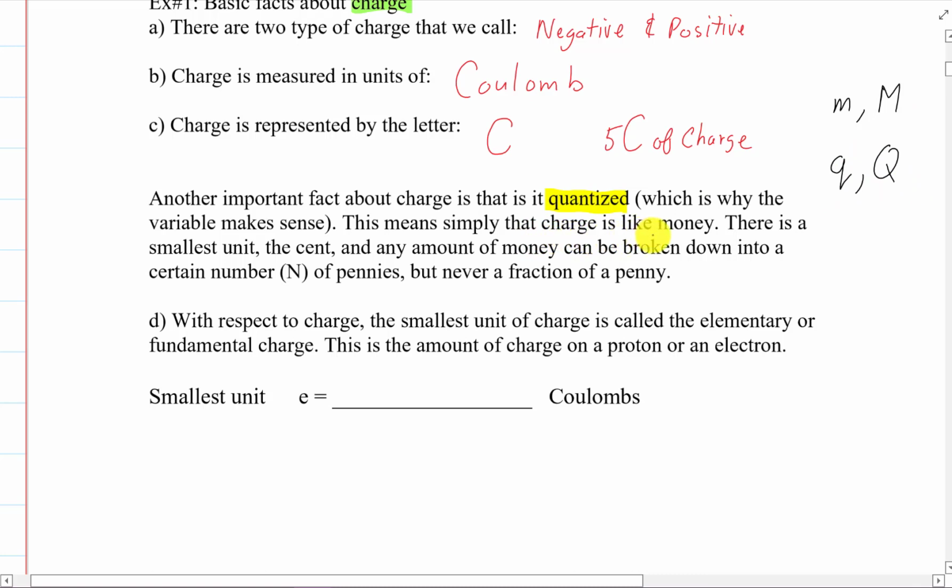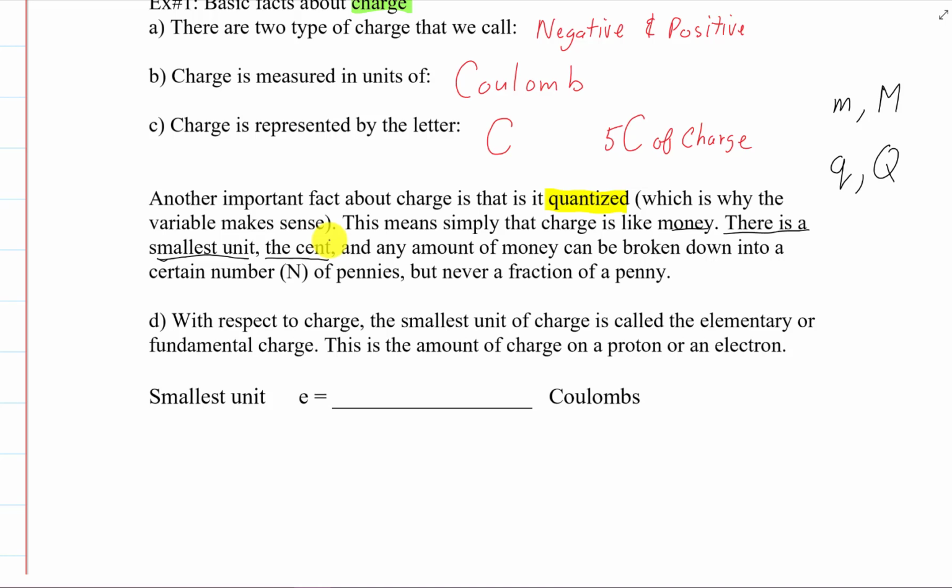And that simply means it's kind of like money. What does that mean? Okay, there is a smallest unit in money, and that's called the cent. Now, on paper, you could have half a cent, but in your pocket, you can't have half a cent. How much money is in your pocket? 32 cents.